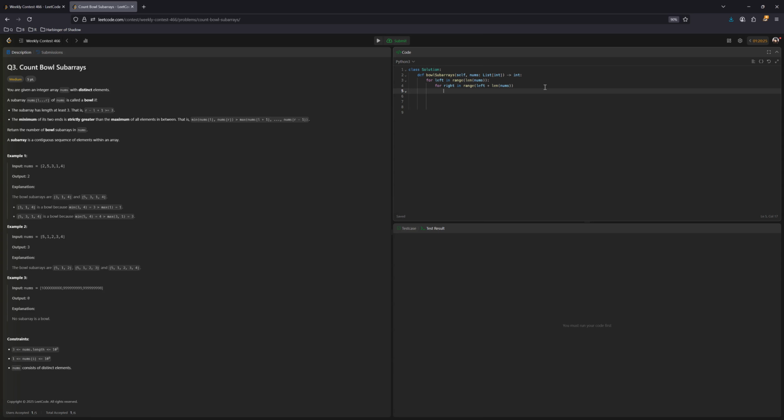As soon as you hit something that is larger than left, then you're done. Left plus, well, no. Left plus 3? Is that right? So this is left. Okay, so left plus 2.